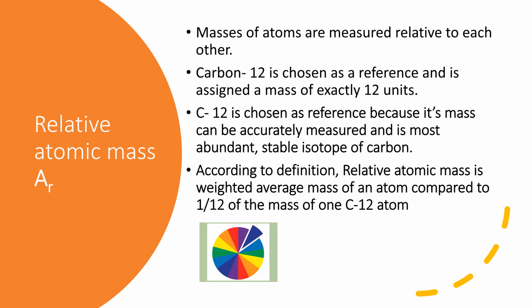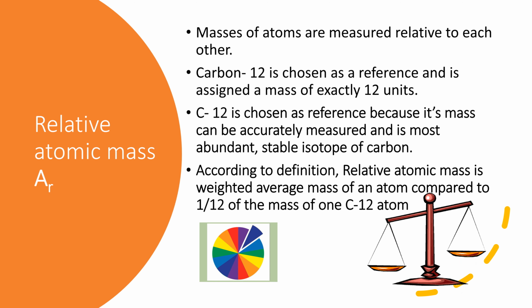This means one carbon-12 atom is divided in 12 equal parts and one part is taken and masses of all atoms are compared against it. This 1/12 part has a mass of 1 AMU. So we compare mass of an atom against 1 AMU or 1/12 mass of one carbon atom.